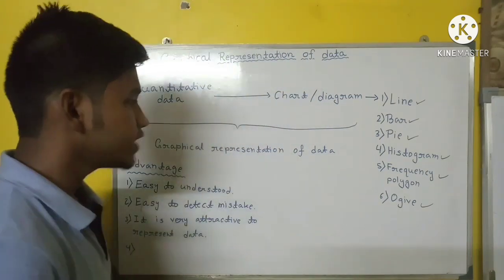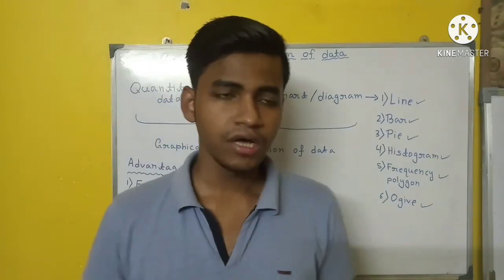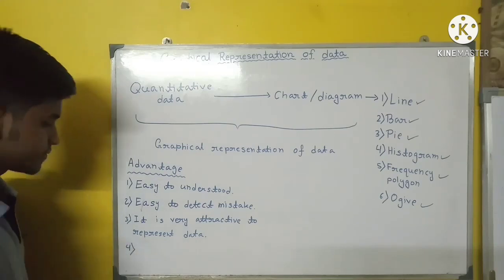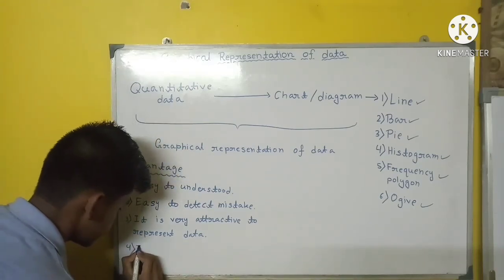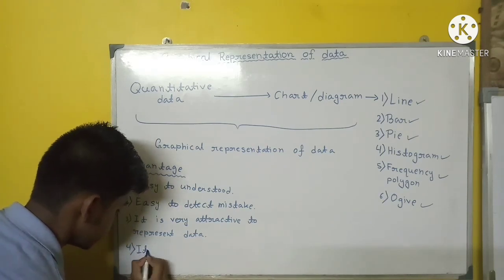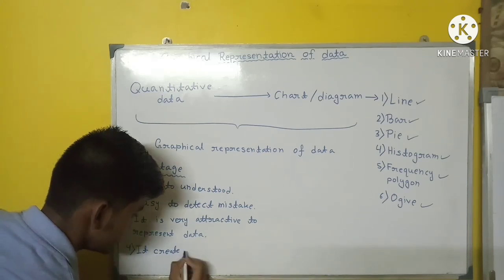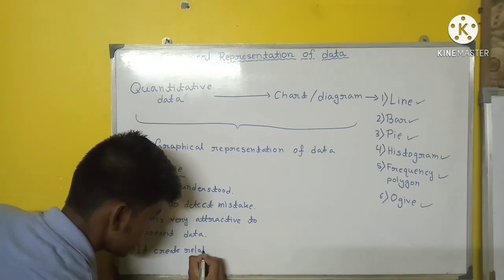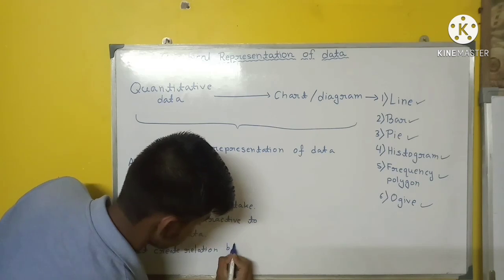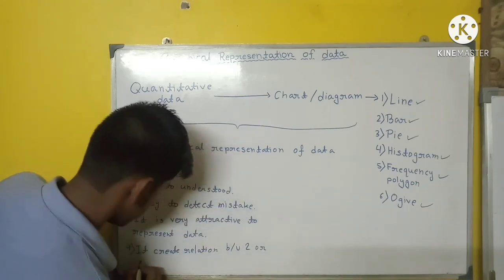So we create a relationship between two or more figures. So the fourth point is, it creates a relation between two or more figures.